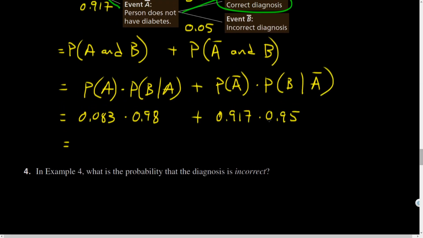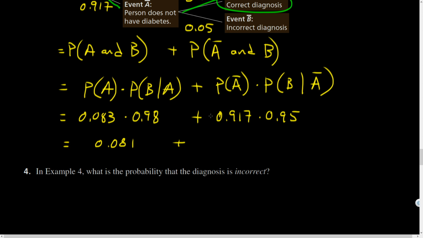So, I'm running out of space. Let me multiply this out. We'll take a little intermission here. So this represents 0.081. So 8% of the people in the whole population will have diabetes and get correctly diagnosed.